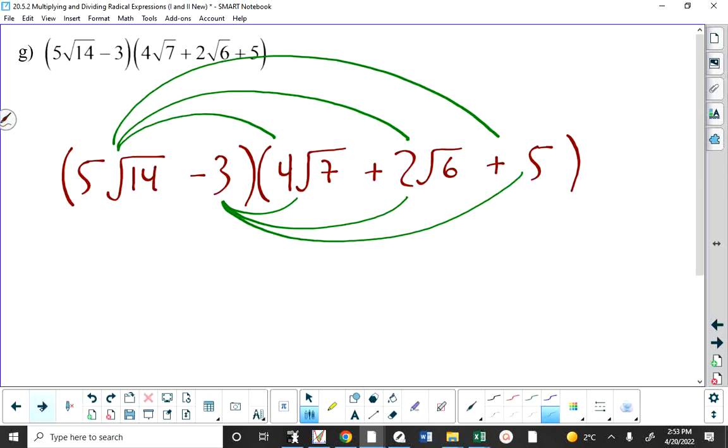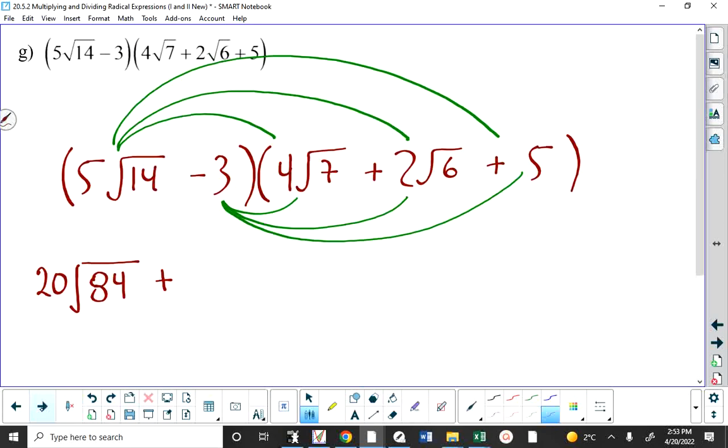5 root 14 times 4 root 7 gives me 20 root, I just might need a confirmation here, 84, 14 times 7. Okay. And then 5 root 14 times 2 root 6. So I'm working systematically.